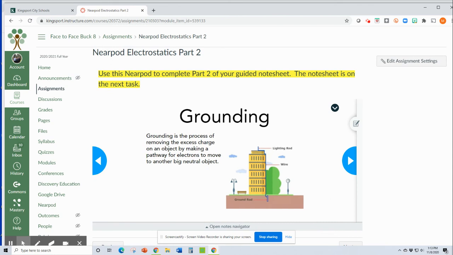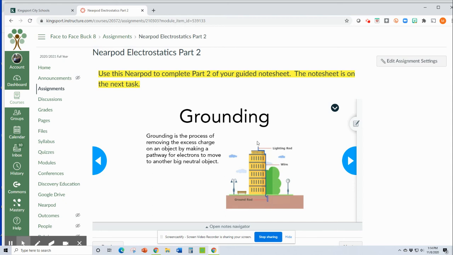Well, here's the thing. I want you to think about that. If you have static electricity building up, and we have it building up and then creating a big static discharge, such as lightning, then that can be dangerous. Like, that's not good. And so, actually, buildings, you might notice, some really tall buildings have a little piece of metal right here on the top. It's a lightning rod. And that metal runs all the way down the side of the building and into the ground.